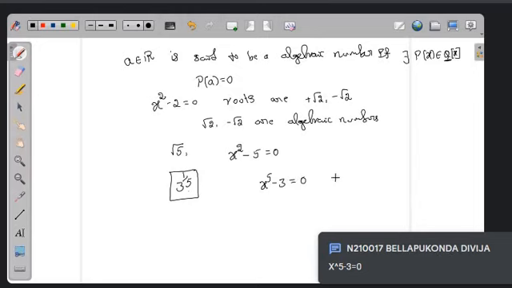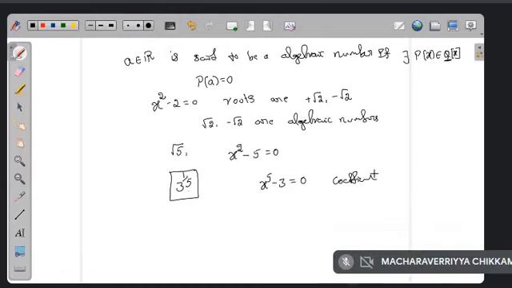The coefficients of the polynomial must be rational numbers. This is the condition we have here. So 3 to the power of 1 by 5 is therefore algebraic. Now numbers which are not algebraic, we call transcendental.